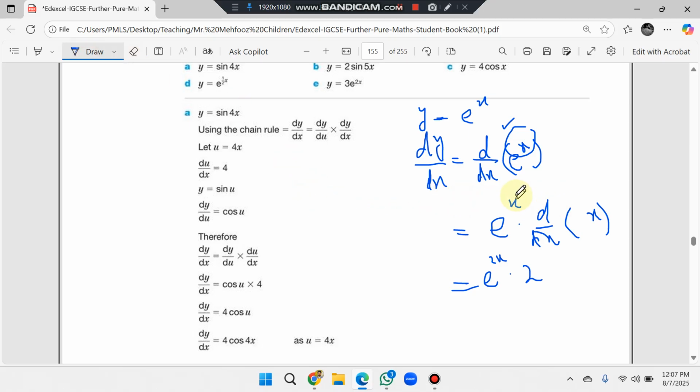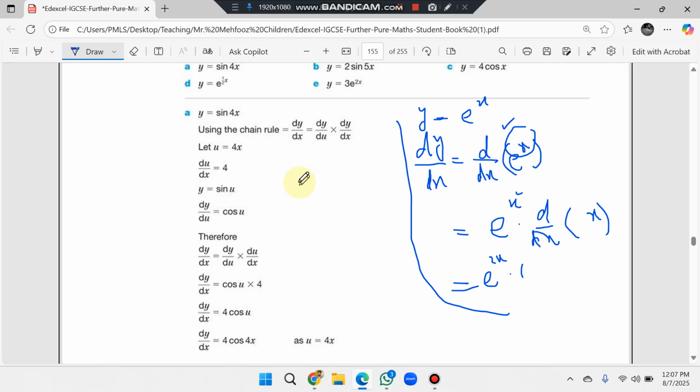The variable used is x, so the derivative of x can be written as simple 1, right? Do you understand this method?